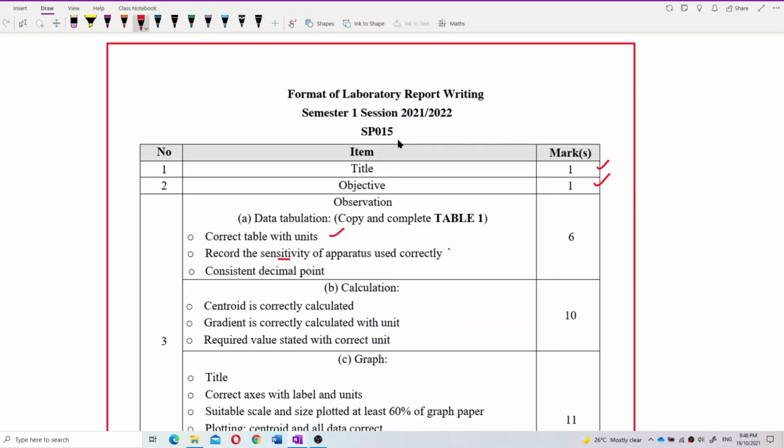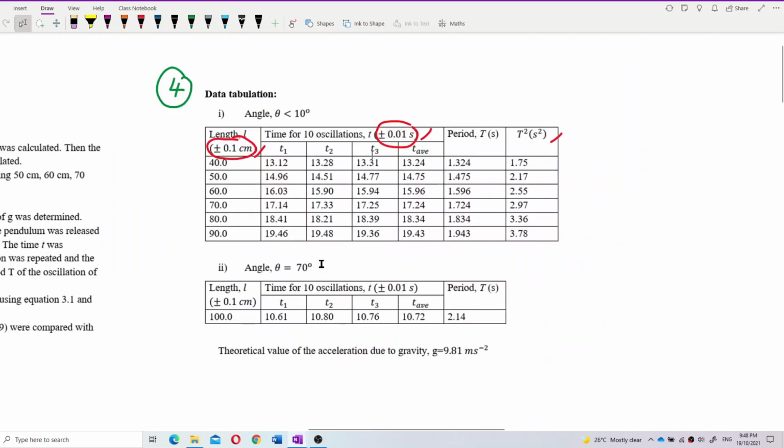That's good. And then consistent decimal point. All the columns must have consistent decimal points. Good. All of it has consistent decimal points, 1 decimal point. This is only 1 decimal point because the sensitivity is only 1.